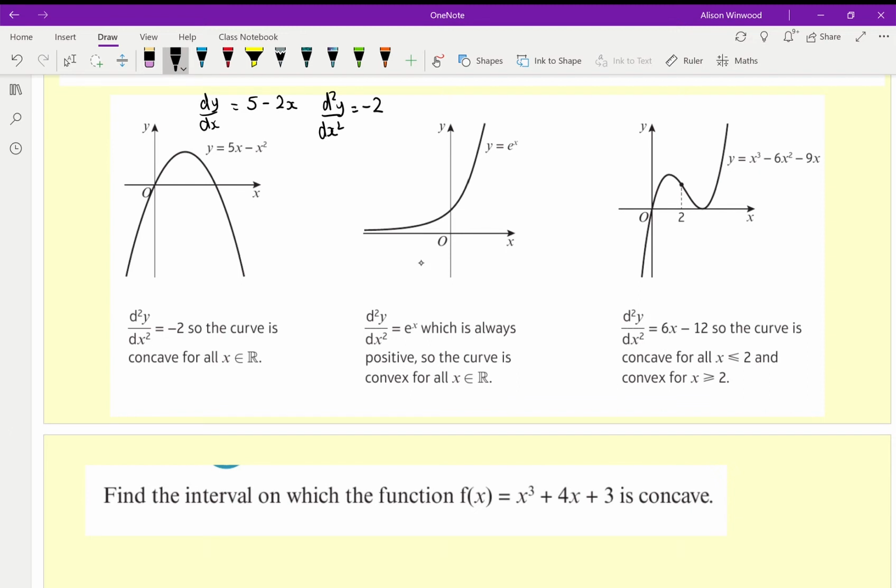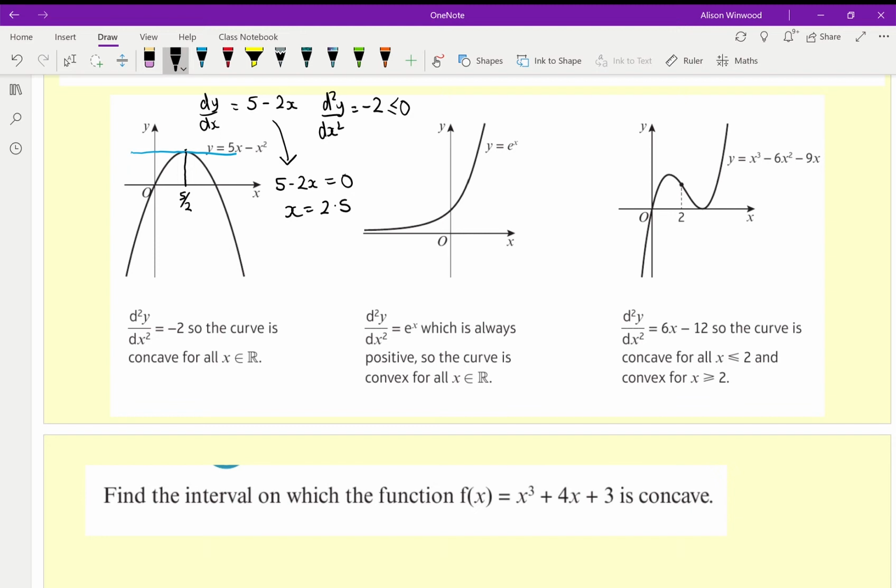So it's less than 0 all the way through the curve, so it's concave for the entire curve. And it's got one point which is a maximum, where the first derivative equals 0. So if 5 subtract 2x equals 0, then x equals 2.5. That's our maximum point, 5/2.